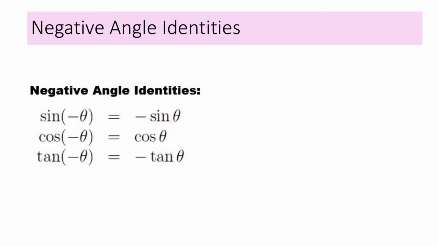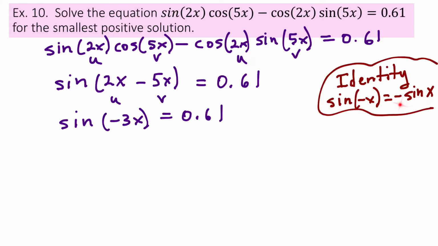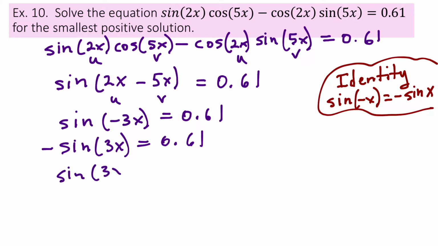All right, so I can rewrite that sine of negative 3x as negative sine of 3x. So let's do that next. So I just wrote this over on the side here, so make a note of that in your notes. So I'm going to replace sine of negative 3x with negative sine of 3x. All right, so then I'm going to divide out that negative, and I'll have isolated my sine of 3x.